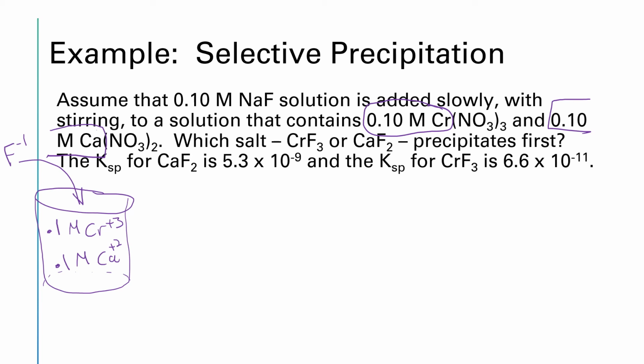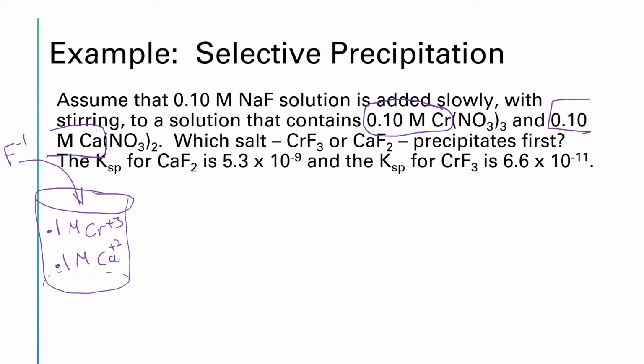Now we've got two relatively insoluble salts, chromium fluoride and calcium fluoride, and we just need to try to figure out which one of these will precipitate first. So think about this. The fluoride ion concentration starts off at 0 and then it increases as we add more of the sodium fluoride. So we want to see which one of these compounds, chromium 3 fluoride or calcium fluoride, will precipitate at a smaller fluoride concentration. That's the one that will precipitate first.